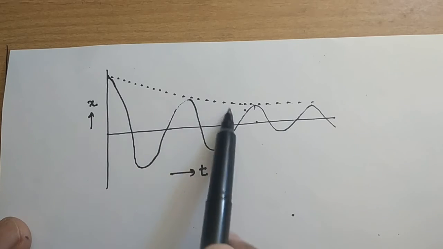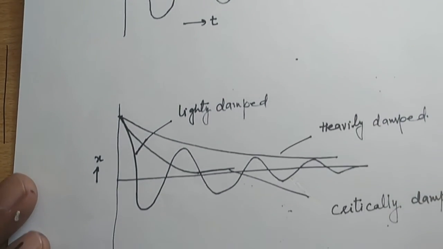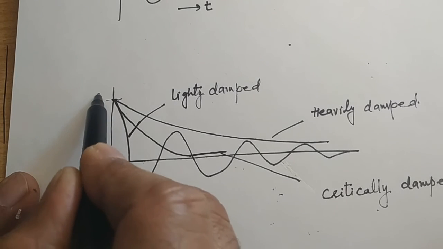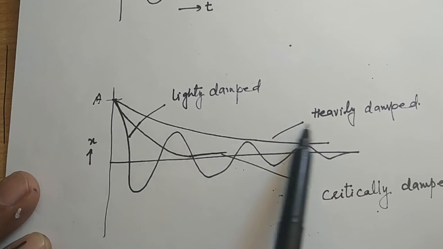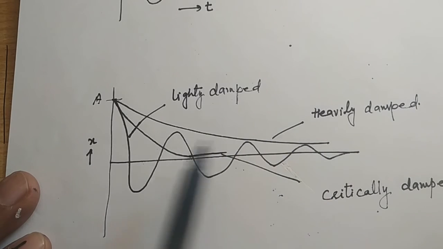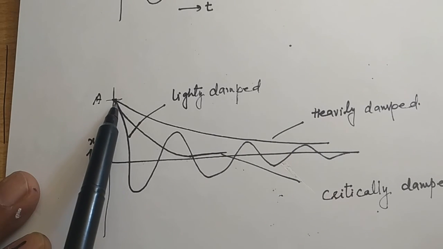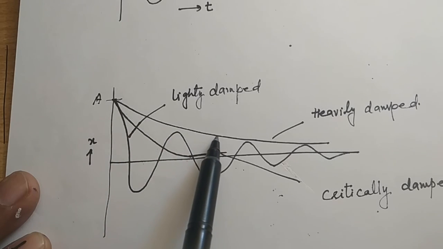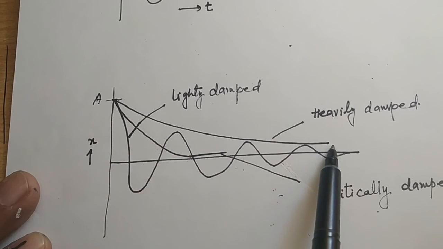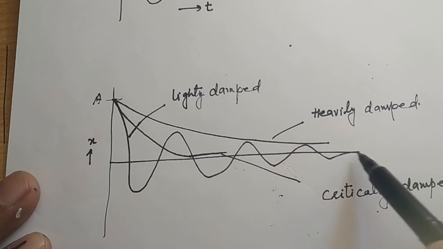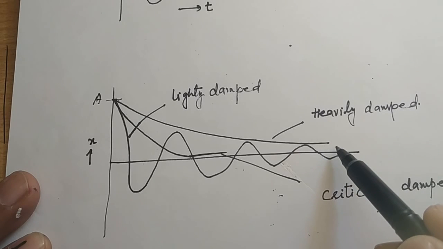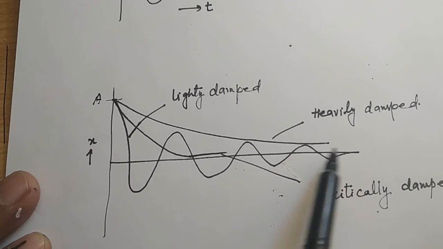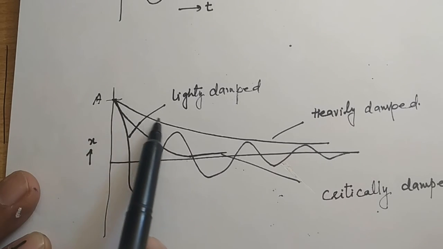Now all these three cases can be shown in one figure. At a particular amplitude A, if you have a very heavily damped oscillator, then the amplitude will decay very slowly, and it will take a long time to come to zero, because when it touches the x-axis it comes to the mean position, and it is not coming to the mean position quickly.